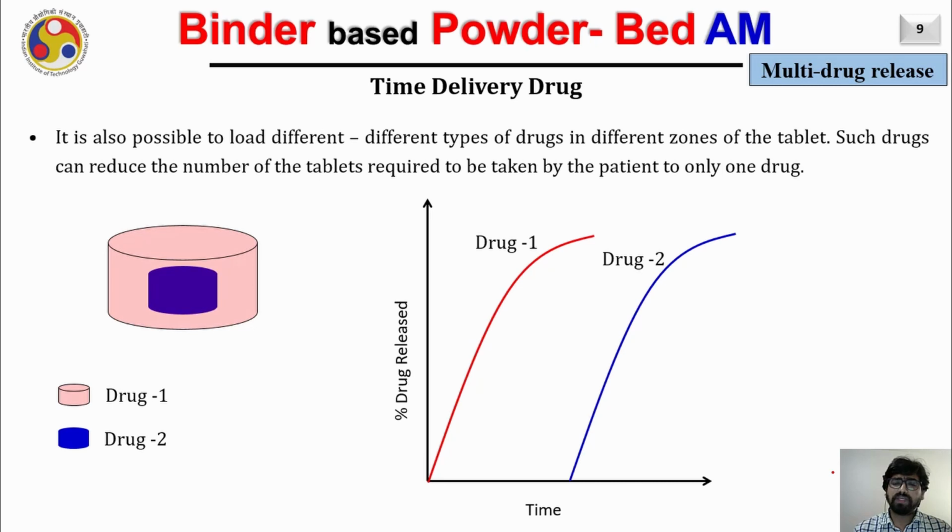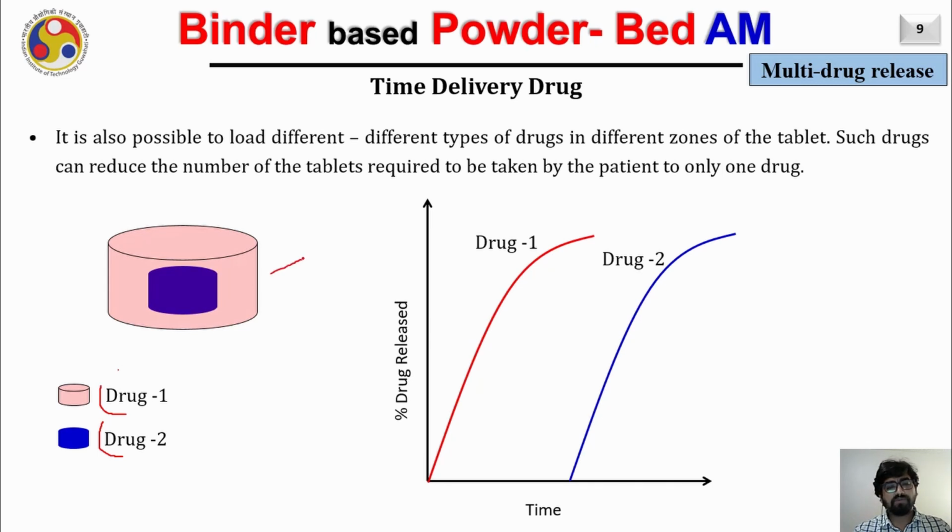Another type of drug we can produce by binder based powder bed additive manufacturing is multi-drug release. Like you are seeing here, we have drug 1, shown here in the pink color, and drug 2, shown here in the blue color. It is possible to load different types of drugs in different zones of the tablet, and such tablets can reduce the number of tablets required to be taken by the patient to only one, that is, in a single dose.